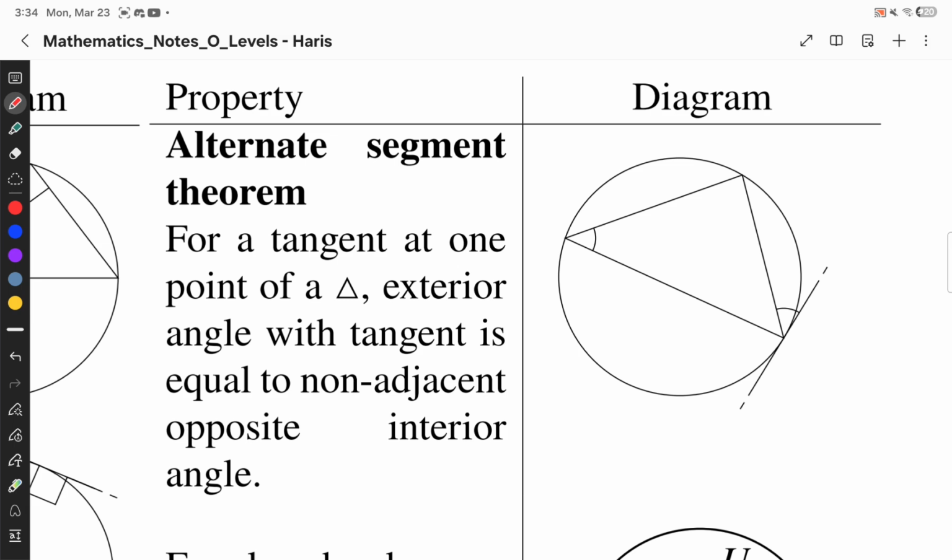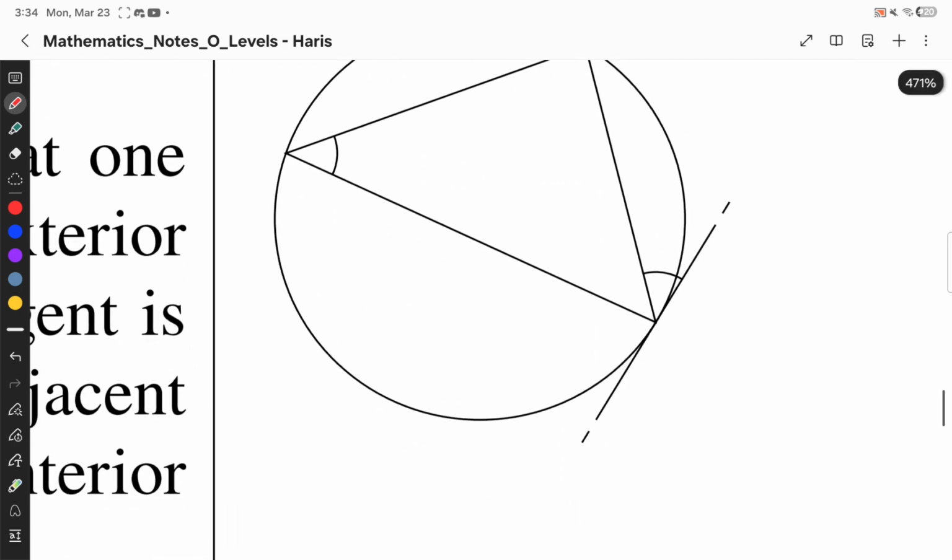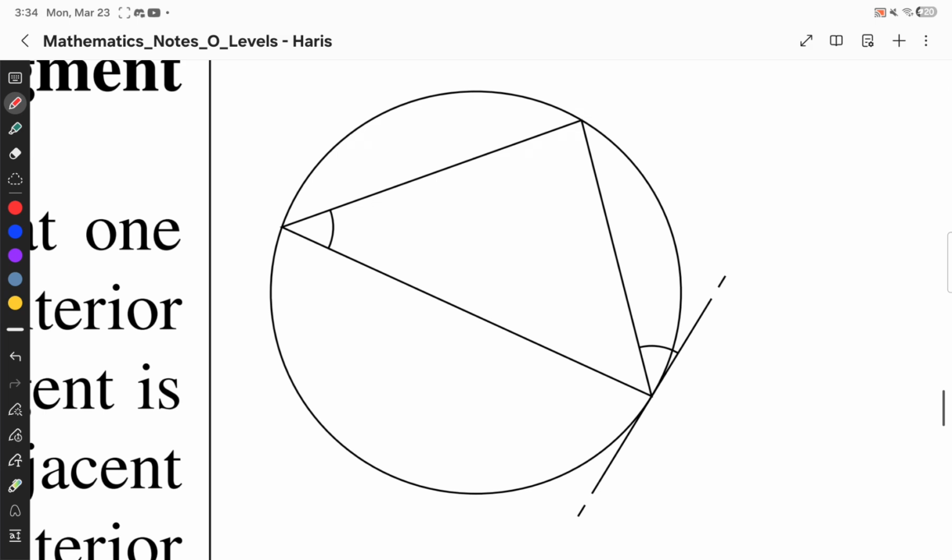In my last video, I just hand-waved everything. For this, I am back again. How do you identify the alternate segment theorem? Well, this tangent will make an angle like so.